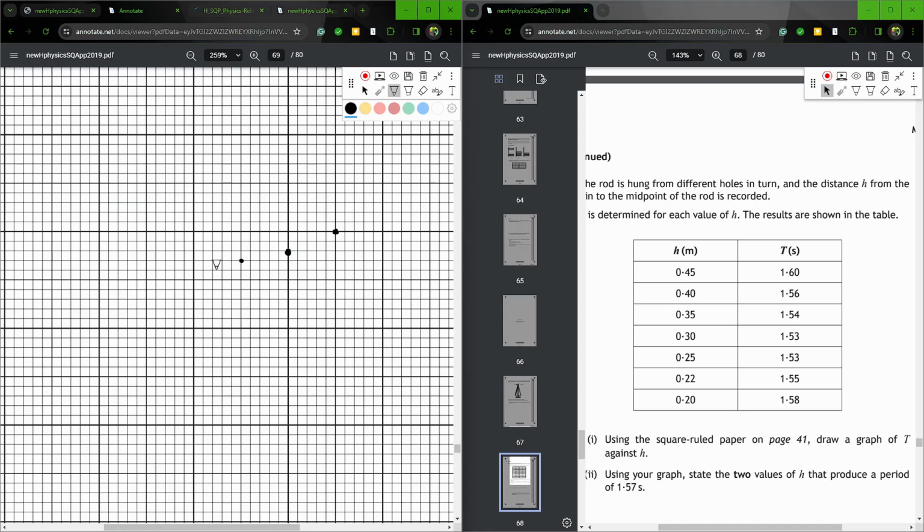And then on here it would be in between, because it's down to 1.53. And then it's the same for the next rung along.